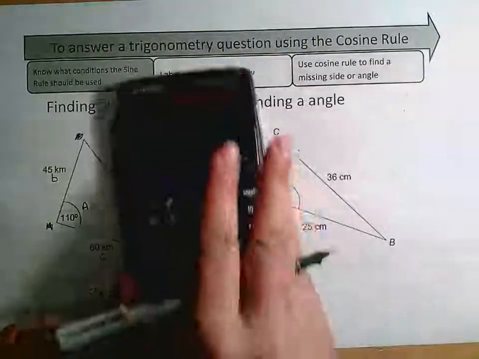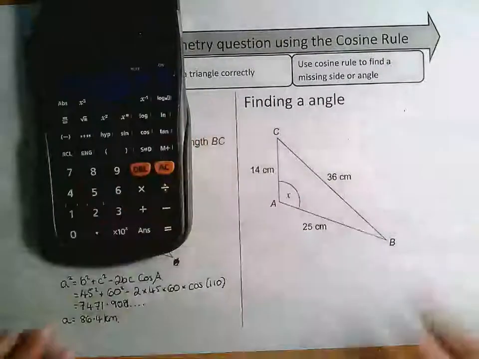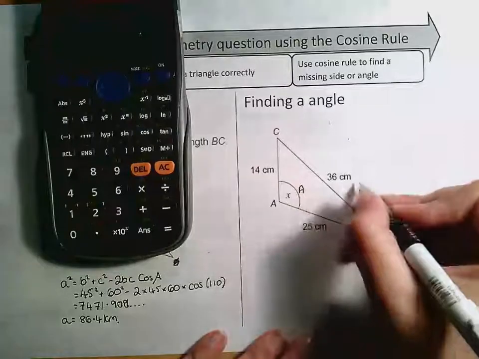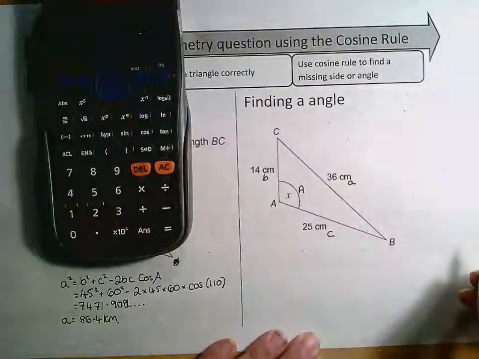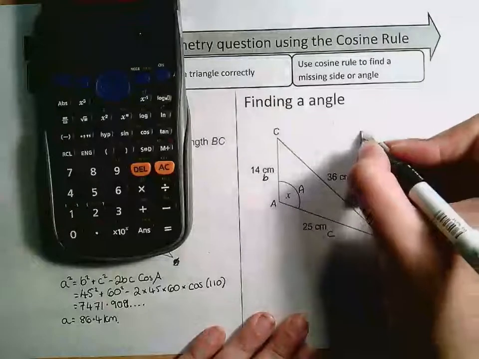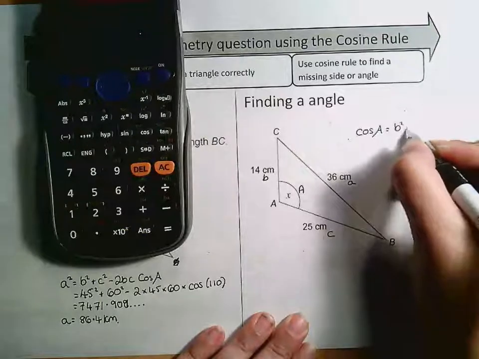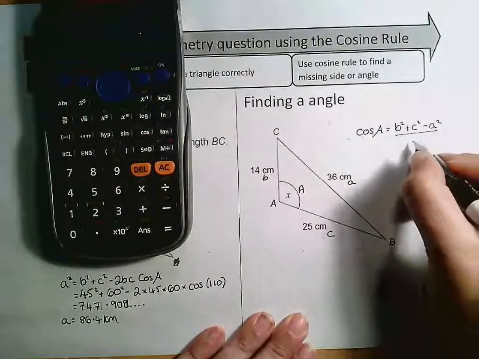Let's now do one for an angle. So start off, label what I'm looking for as A and A. Then I have B and C. I write down the rule I'm going to use, and writing this down again helps me memorize it.